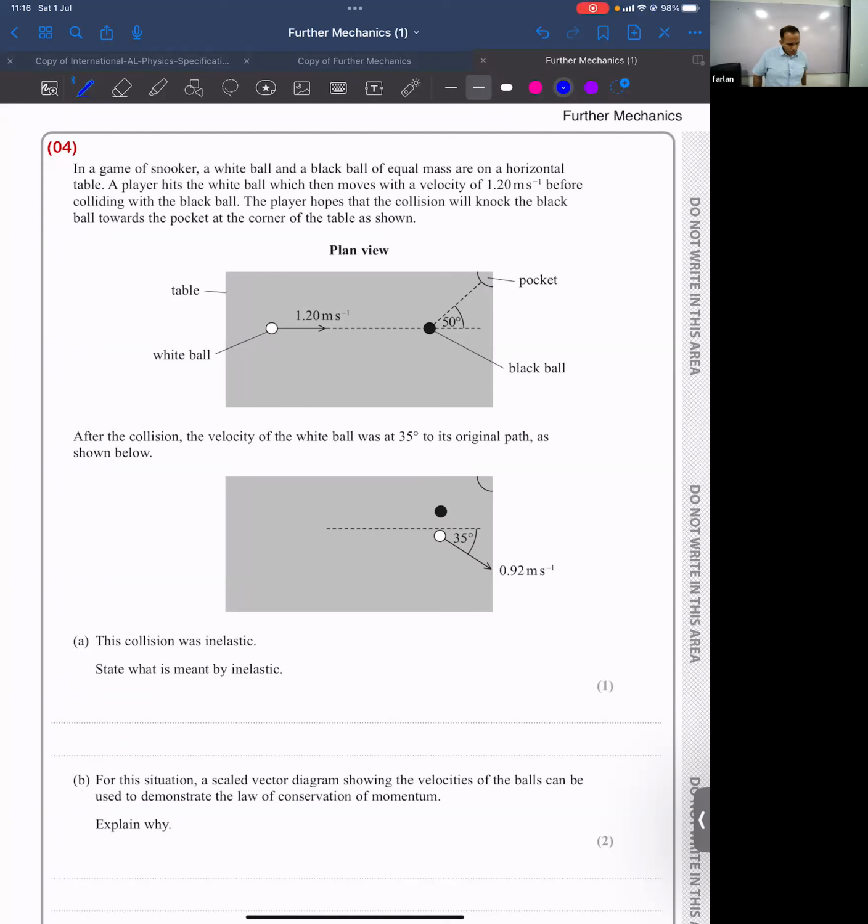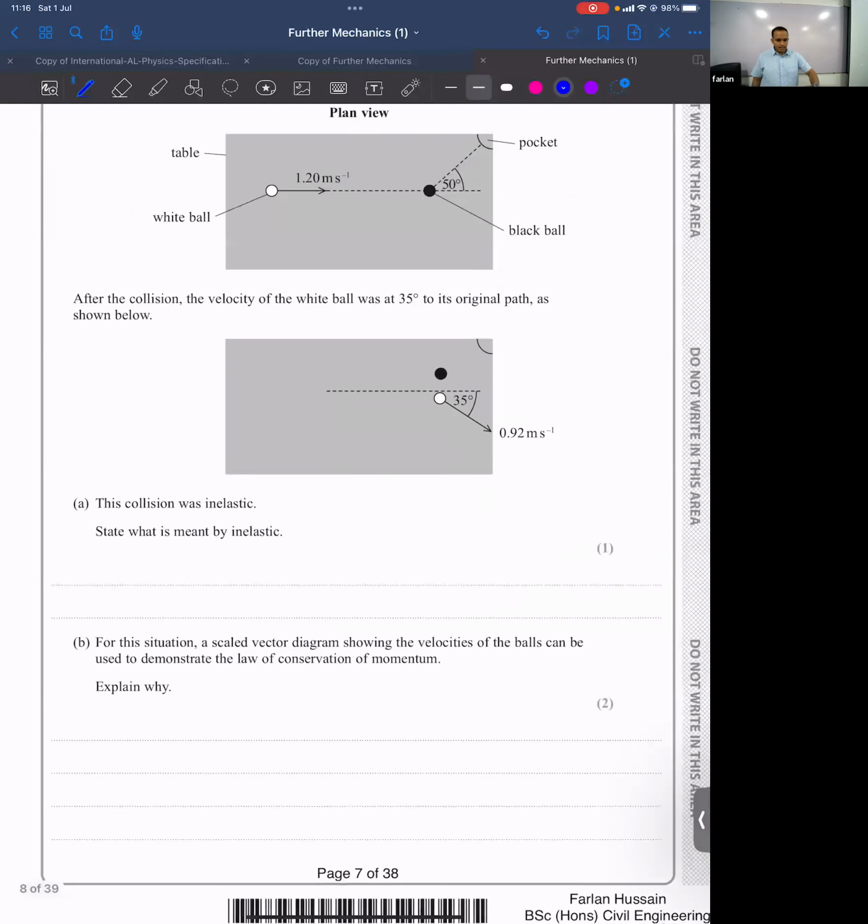A player hits the white ball, which then moves with a velocity of 1.2 meters per second before colliding with the black ball. The player hopes that the collision will knock the black ball towards the pocket at the corner of the table as shown. He is expecting it to go in that direction. After the collision, the velocity of the white ball was at 35 degrees to its original path, as shown below. This collision was inelastic. State what is meant by inelastic.